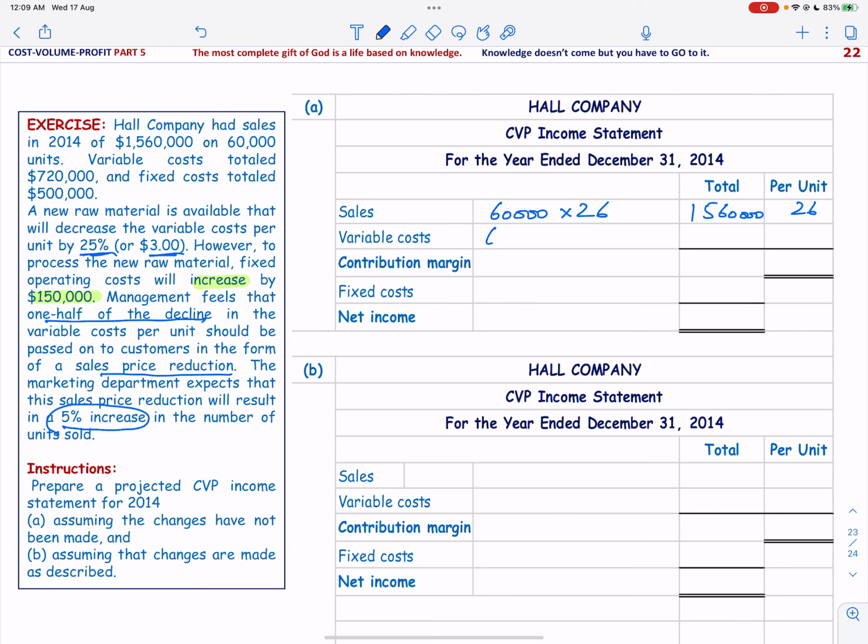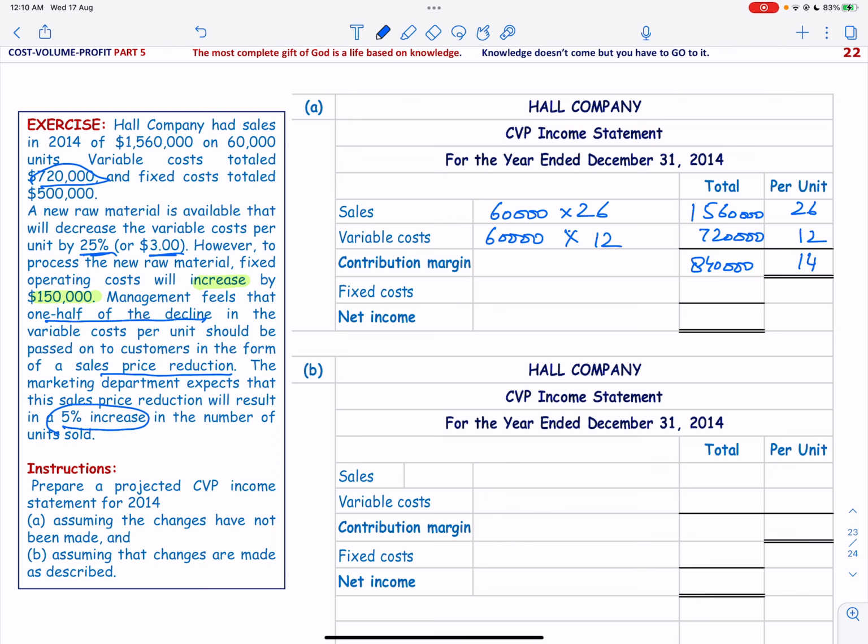The variable cost again will be for 60,000 units, and the variable cost is 720,000. So per unit this will be 12, and the contribution margin is sales minus variable cost, that will give us 840,000, and per unit it is going to be 14.